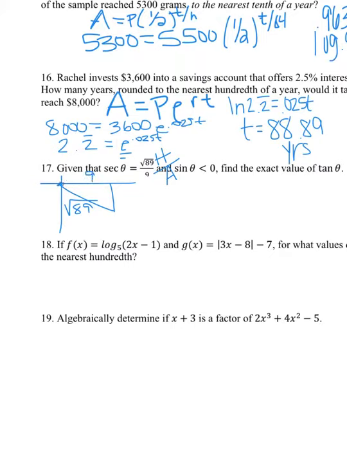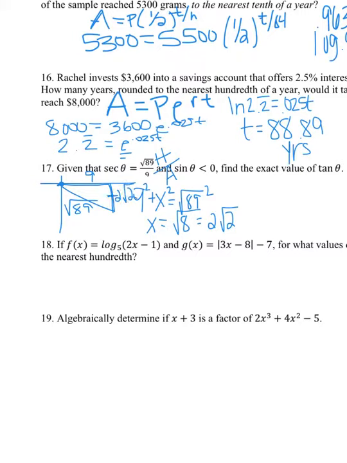Now, if this is your origin, this would be a positive 9, so that's okay. To figure out the other side, you would do the Pythagorean theorem. 9 squared plus that missing side squared is equal to the square root of 89 squared. You end up that x is equal to the square root of 8, which is actually 2 rad 2.